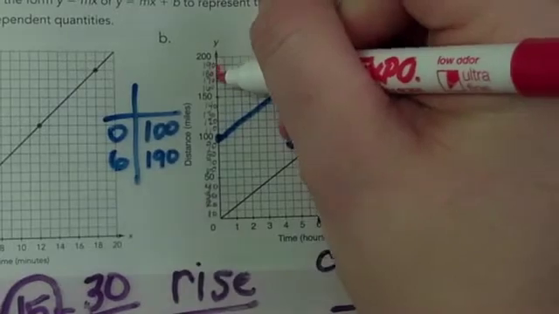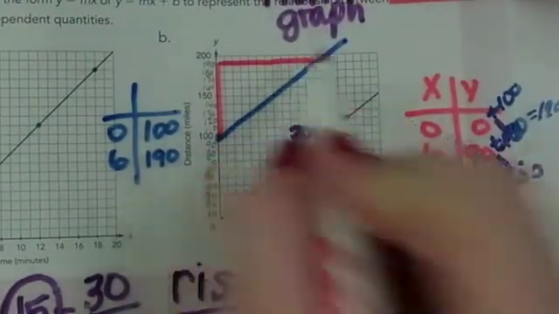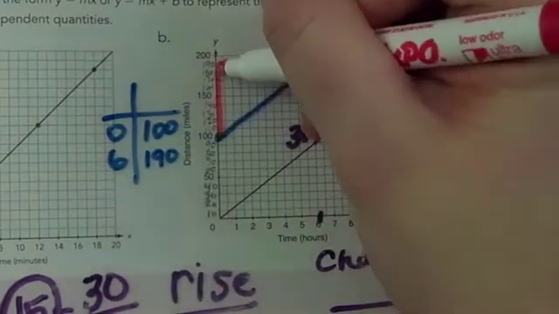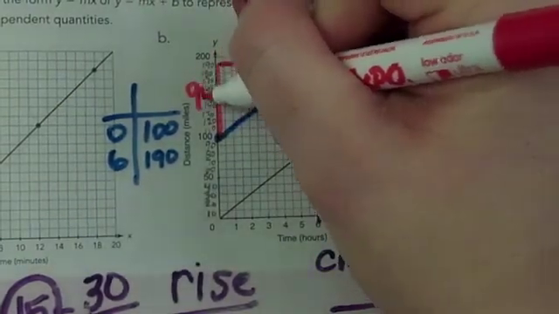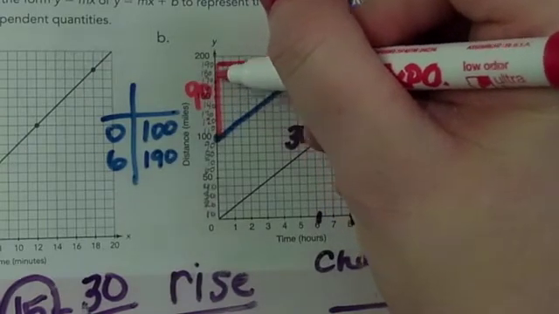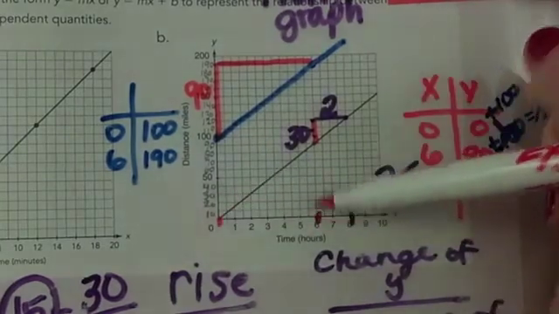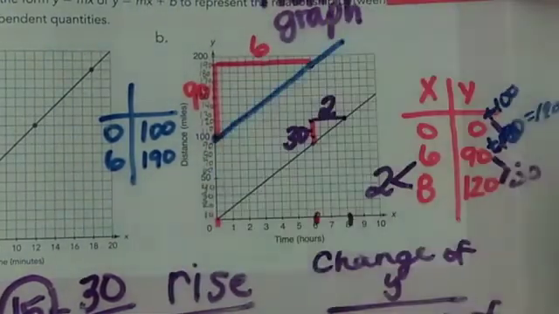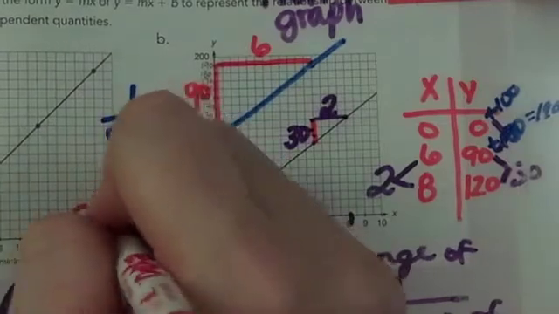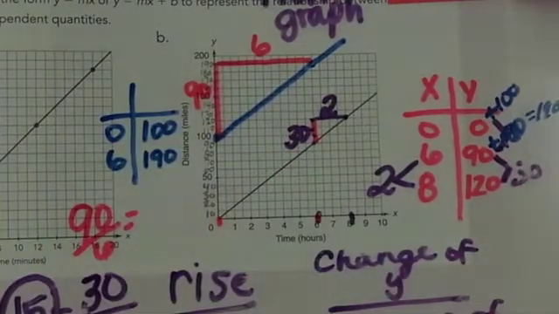So it goes up from there to there, and then it goes over that much. So from 100 to 190 goes up by 90, 10, 20, 30, 40, 50, 60, 70, 80, 90. And then it goes from 0 to 6. So that would be a change of 6. So let's do 90 divided by 6, and let's see what we get.